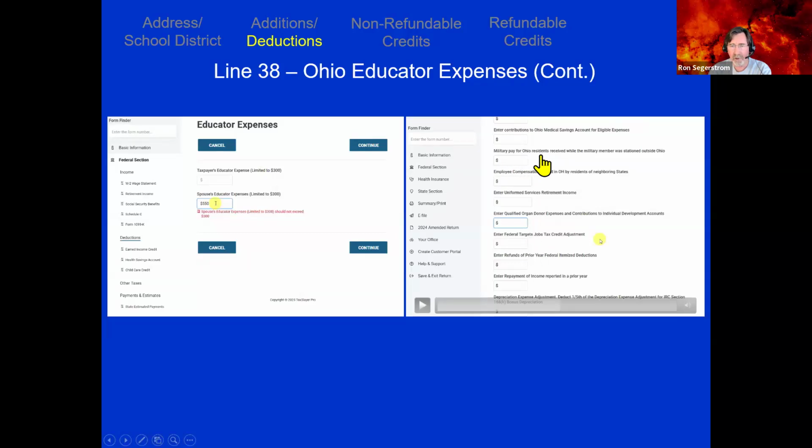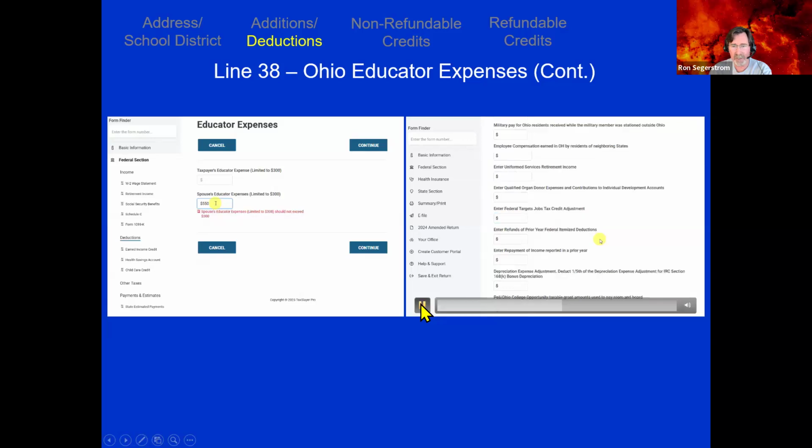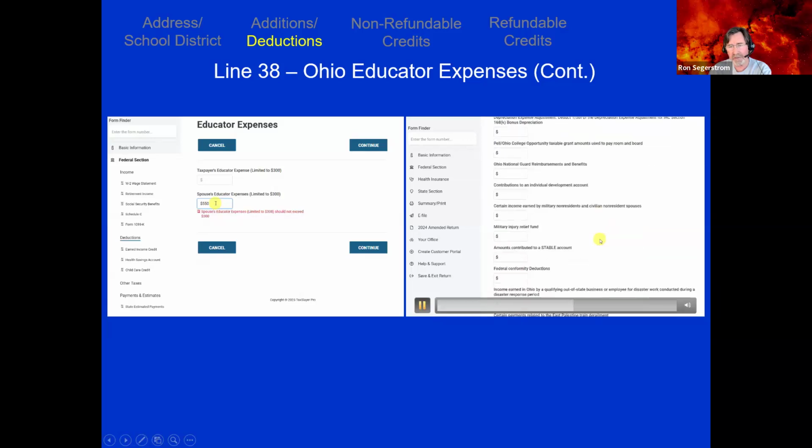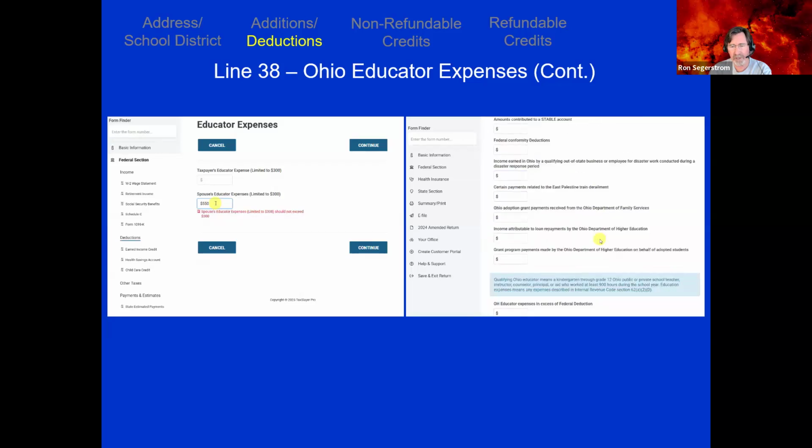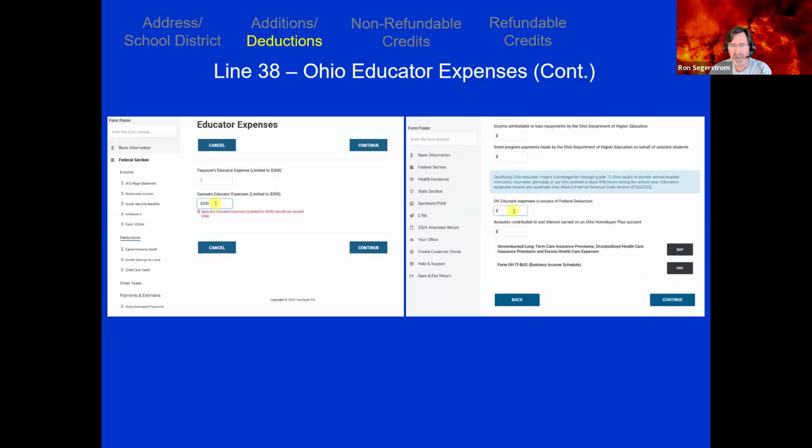Here's military pay for Ohio residents received while the military member was stationed outside of Ohio. The whole gamut of deductions from income is on this page. And there's a few more with links to the bottom. But basically it's right there. Here's your Ohio educator expenses, goes right in there. And if you notice, here's your business income, here's your unreimbursed healthcare deduction right there.